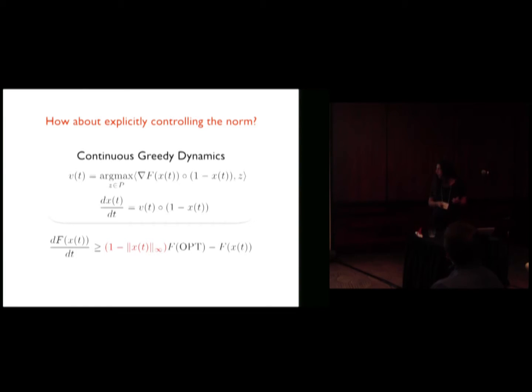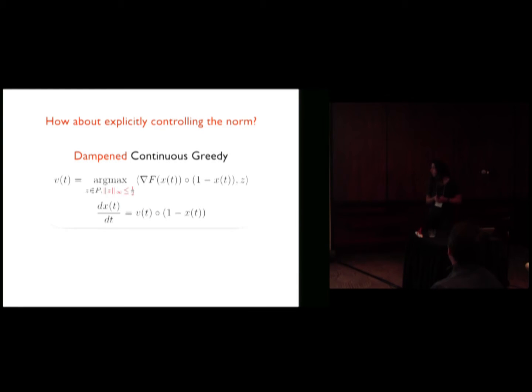Okay? So what do I mean by that? Here's a very concrete way to try to control the norm. So instead of considering all possible directions, let me restrict my possible directions to the vectors that have norm, let's say, no more than 1/2.